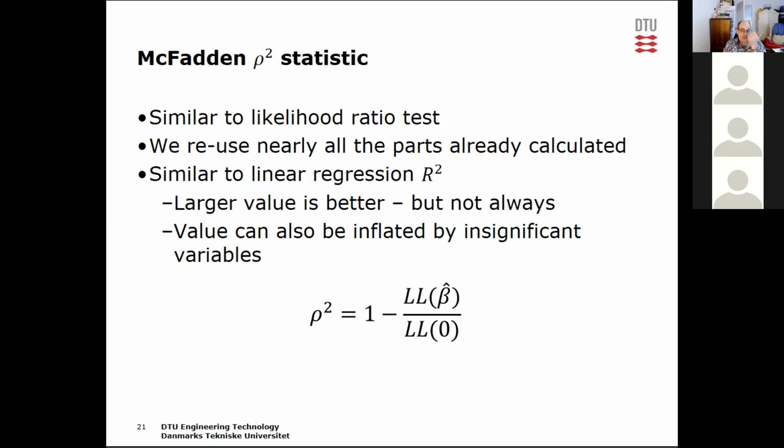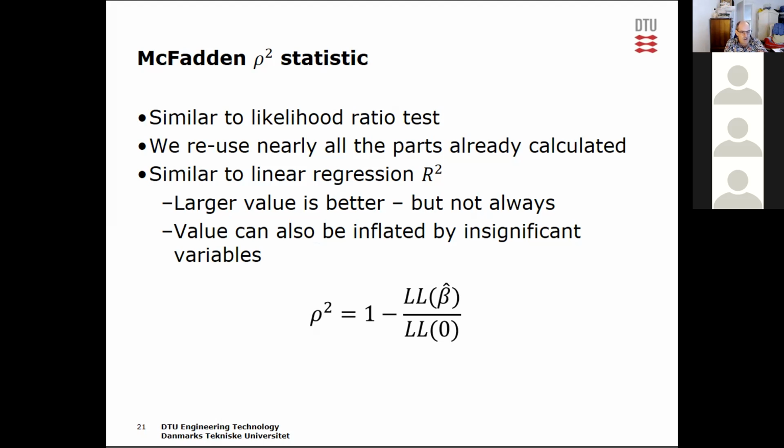A large value is a good thing, but not always, because throwing more variables into the regression inflates this value. It's the same kind of deal as linear regression. You have to be careful that you're not just puffing up your model to make the McFadden statistic larger without actually adding value to the model.